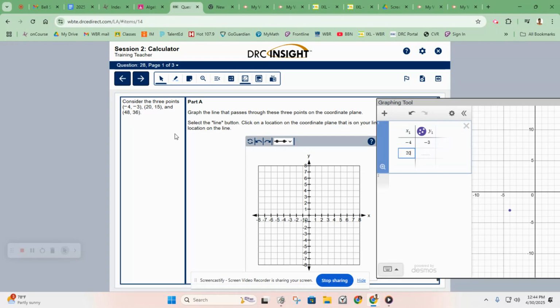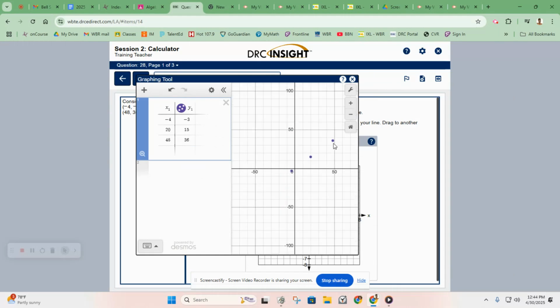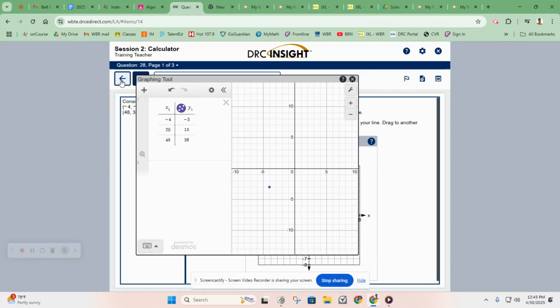I would have 20, 15. And then I'm going to have 48, 36. So I see here on my grid where my ordered pairs are. Here's where it makes the line. I'm going to click right here so I can see my points. So I see my ordered pairs here.